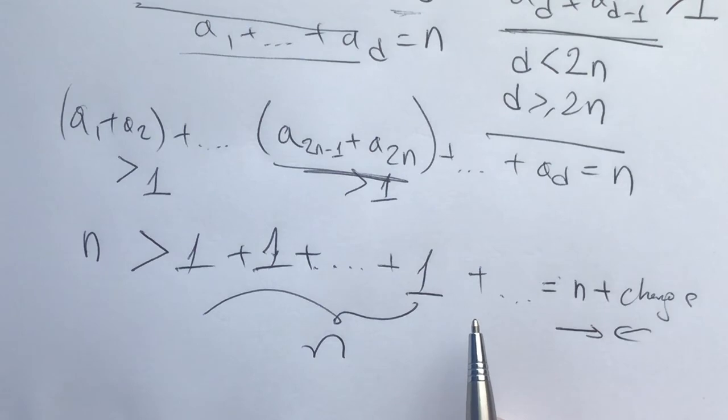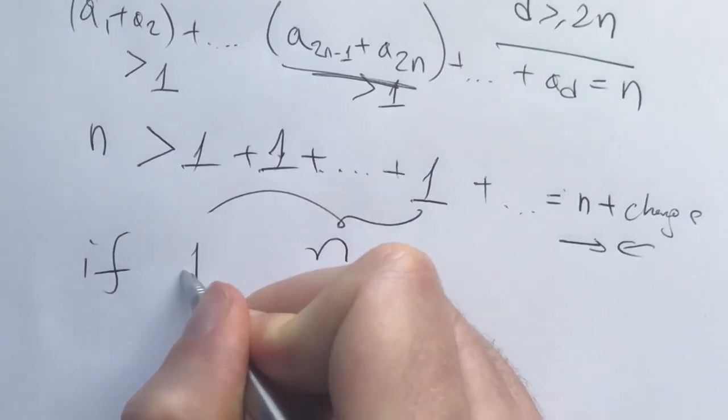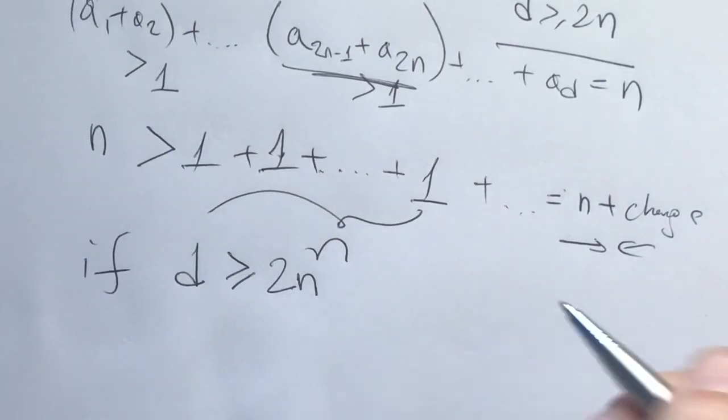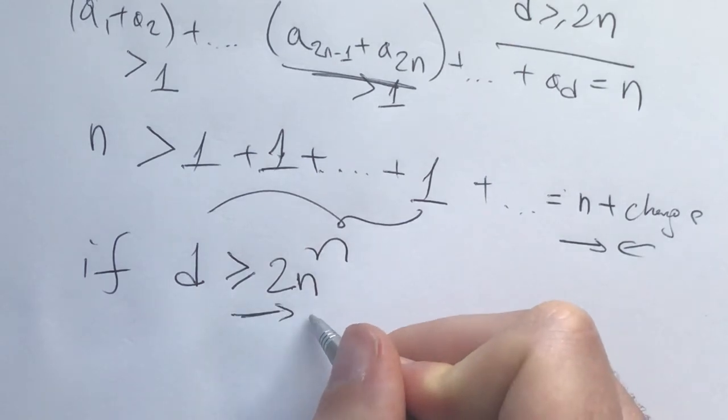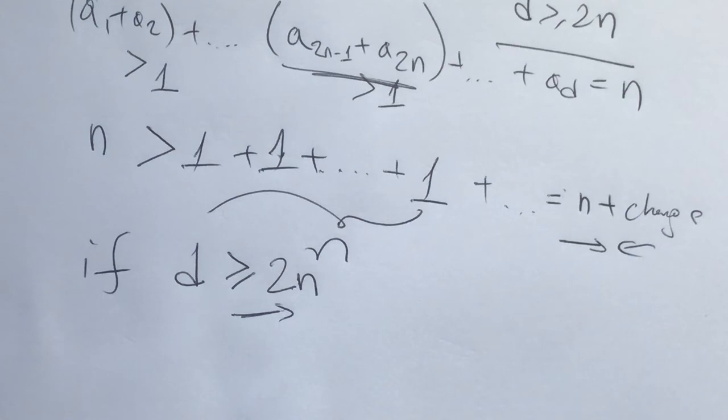Now this, together with what we've done previously, sort of solves our problem, because if d is greater than or equal to 2n, then that implies that we can merge them and get a new sequence of numbers that satisfy these conditions, but with d minus 1.